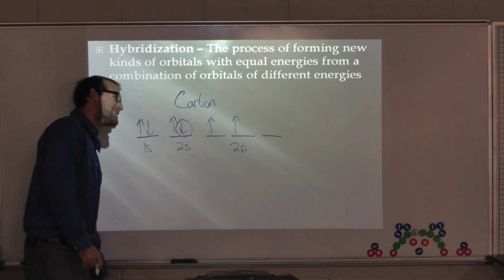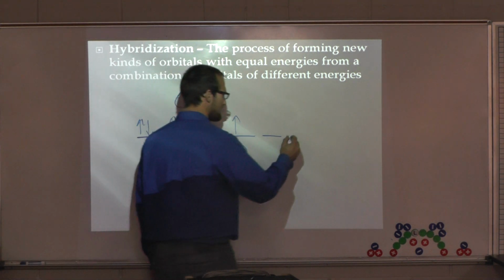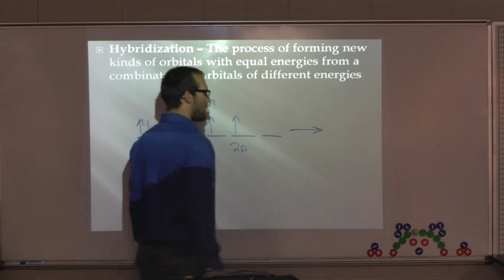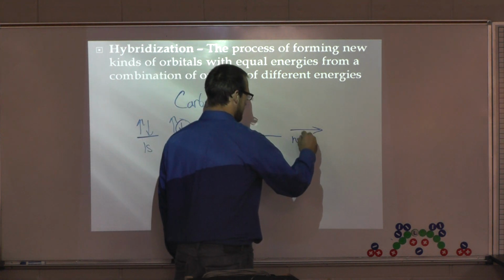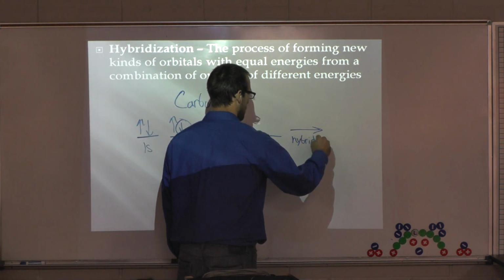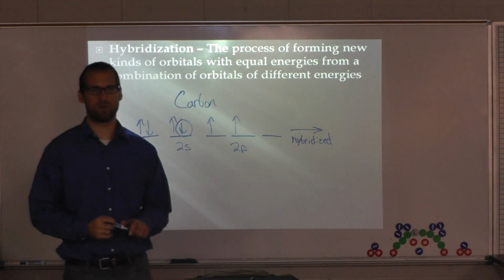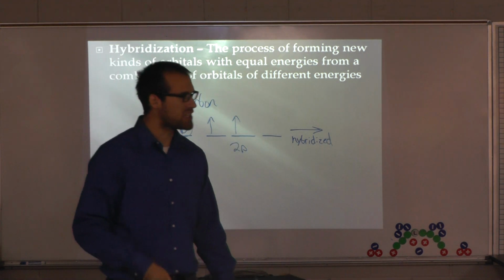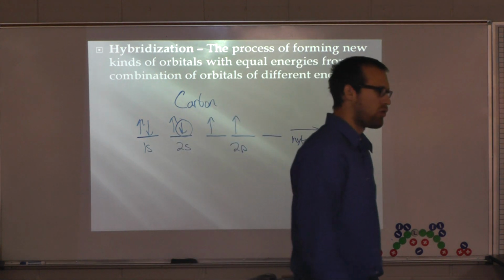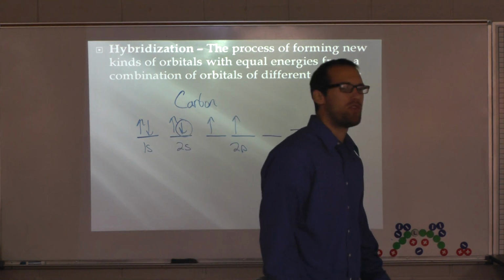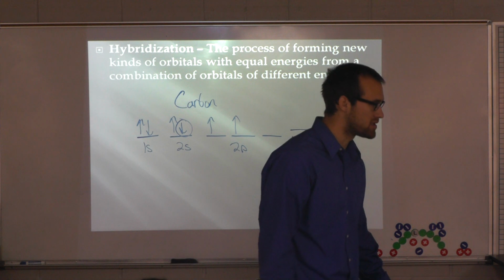So what ends up happening in this case is that they get hybridized. This is what that other theory was suggesting, that when things bond, they actually form completely new orbitals in the process, and they're hybrid orbitals of the existing ones.